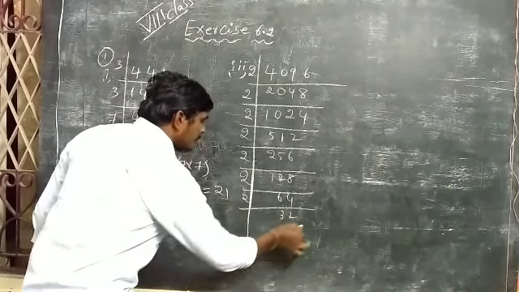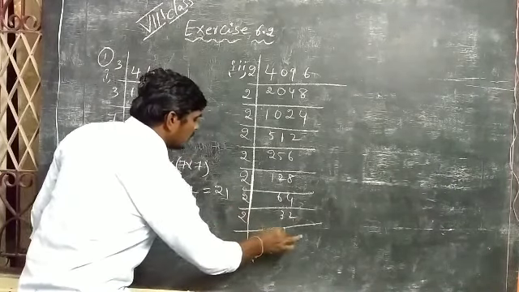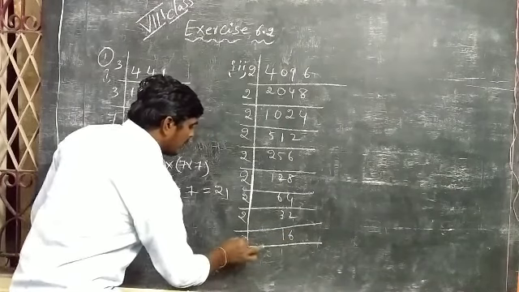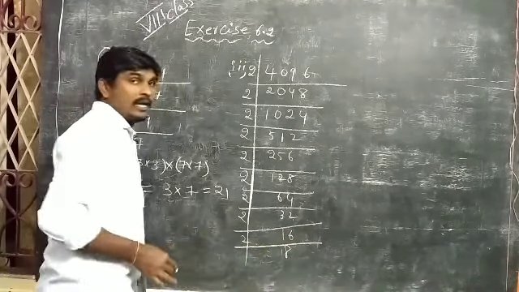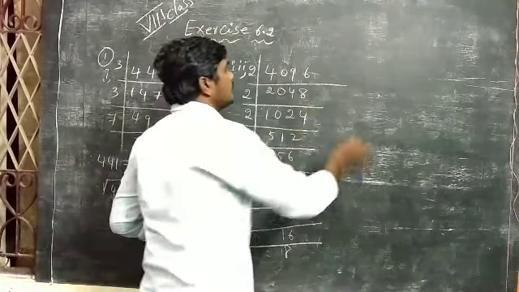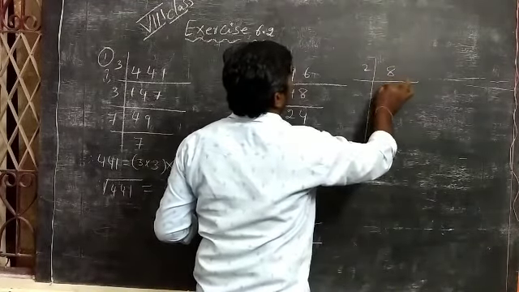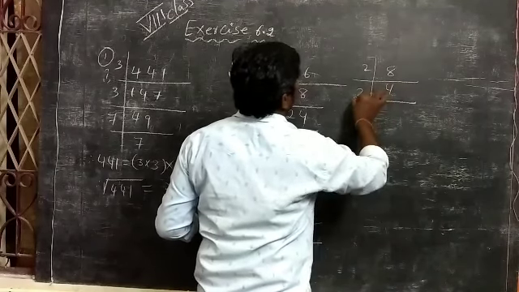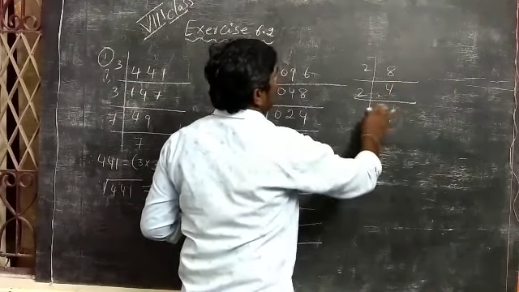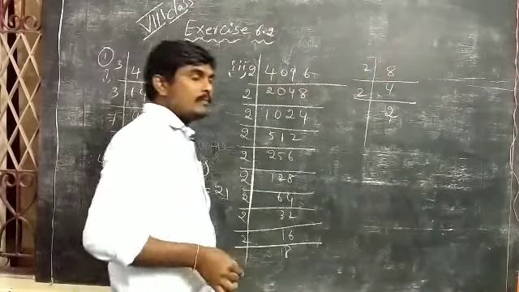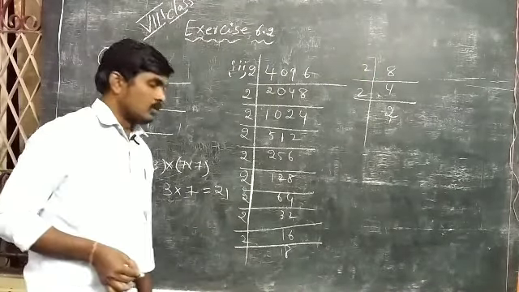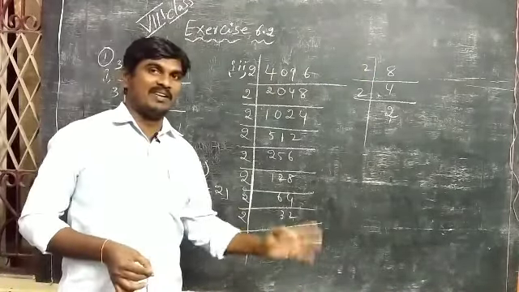Draw the line. Again 2 table possible, 16 times. Again 2 table possible, 8 times. I am continuing here. Again 2 table possible, 4 times. Again 2 table possible, 2 times. Okay, students.